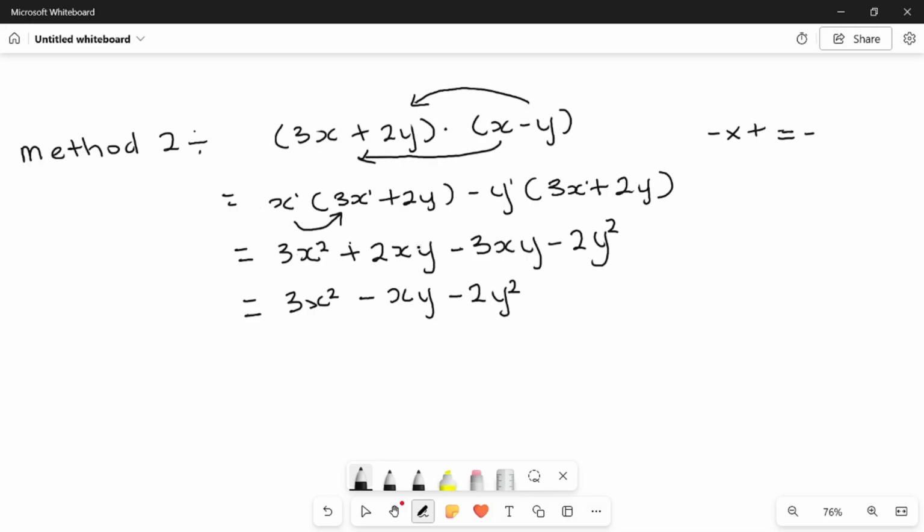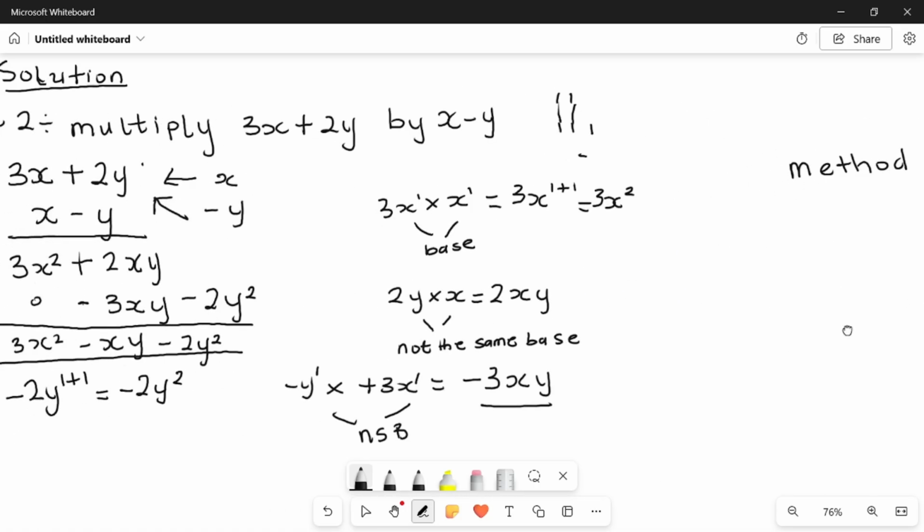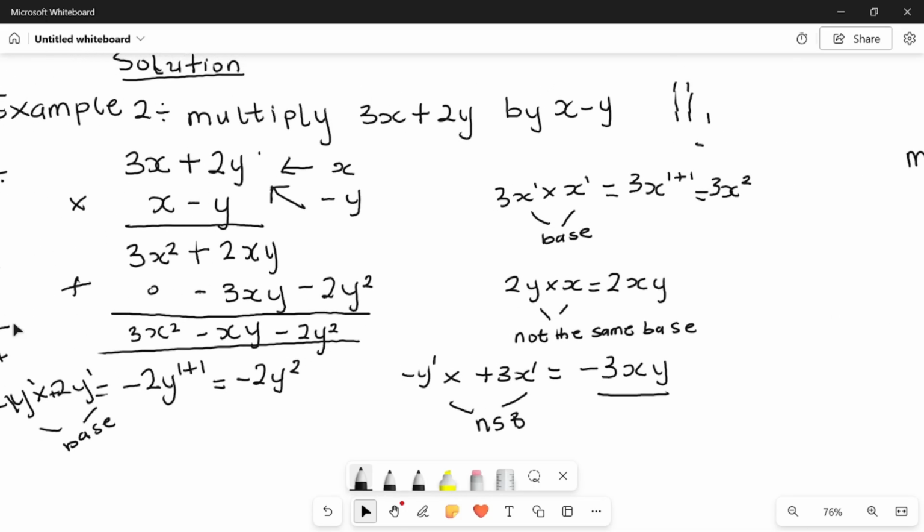So if we compare both methods, we'll see that we have 3x square minus xy minus 2y square. So let's check the other one. You see, 3x square minus xy minus 2y square.